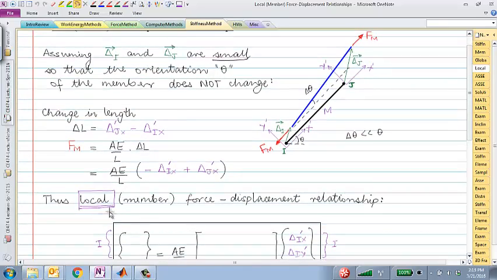Now to generate the local member force displacement relationship for this element, what we are going to do is write first of all the forces at the two ends of the member. So forces at node I are, what are the components of the force at node I? This is Fm in the negative x prime direction, correct?